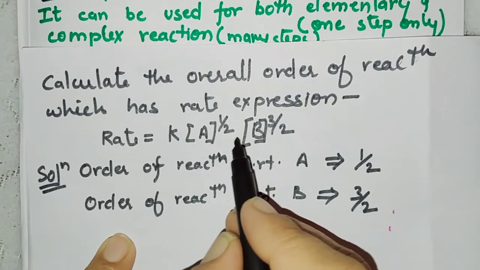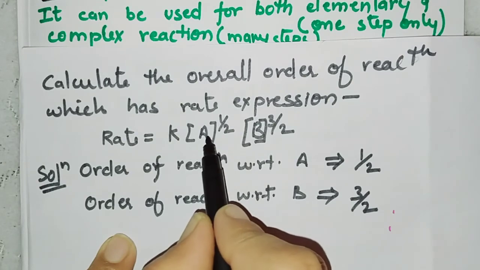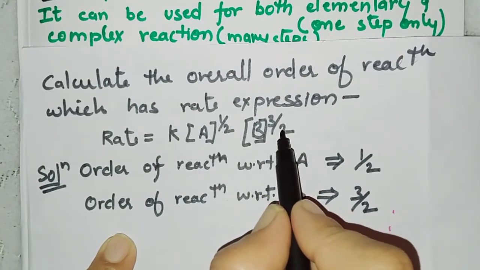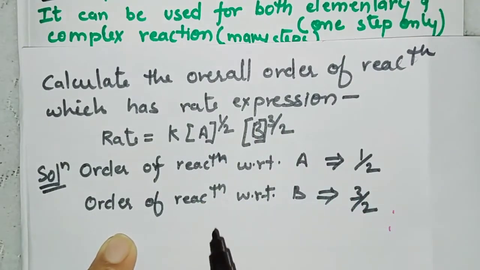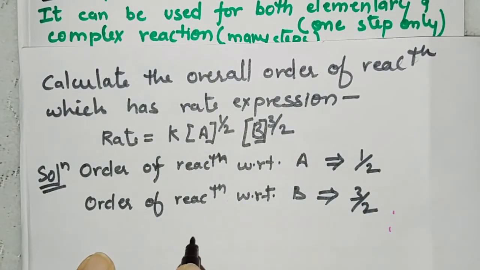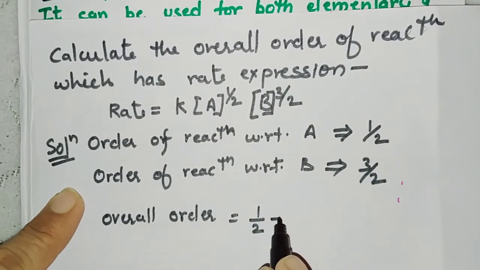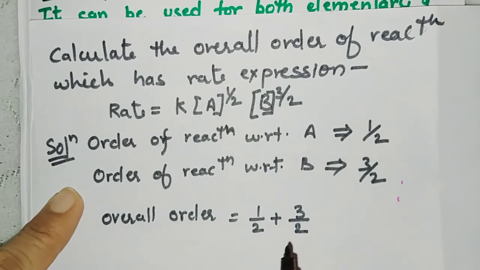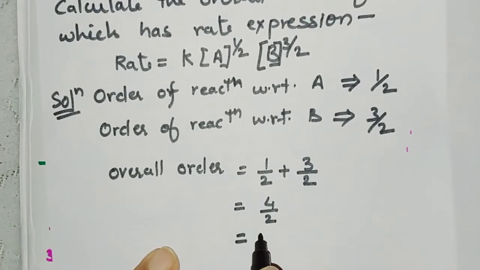In this reaction, half is the power of A, so this is the order of reaction for A, and 3 by 2 is the order of reaction of B. So we have to calculate the overall order. Overall means 1 by 2 plus 3 by 2 is equal to 4 by 2, which is equal to 2.